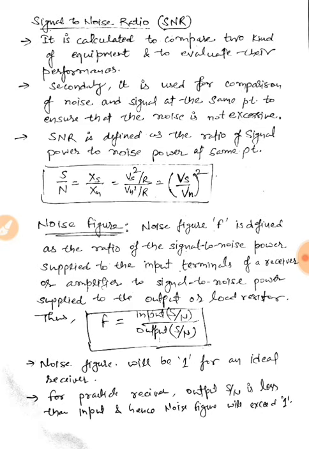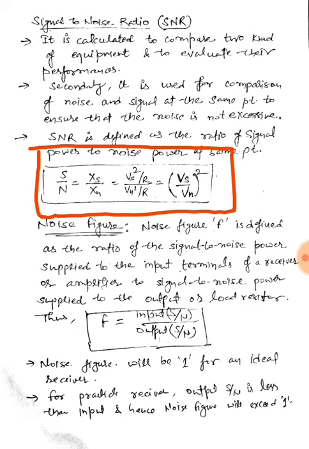So SNR, signal to noise ratio, is defined as the ratio of signal power to the noise power at the same point. Okay, so we are calculating the signal and noise at the same point, which is nothing but the ratio of powers, that is Vs square divided by R and Vn square divided by R, where Vs is the signal voltage and Vn is the noise voltage.